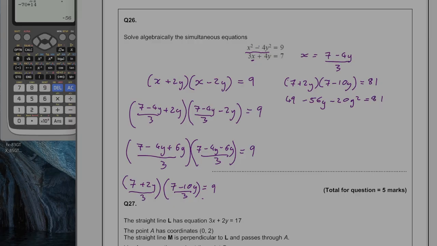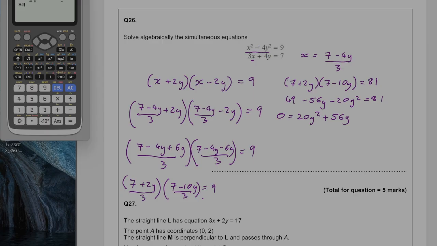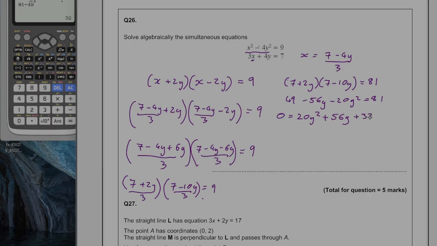Right, I'm going to take everything over to the right to make my y's positive. So I'm going to say then that 0 is equal to 20y squared plus 56y, 81 minus 49 is going to give us 32. Right, now I'm not going to factorize just yet.